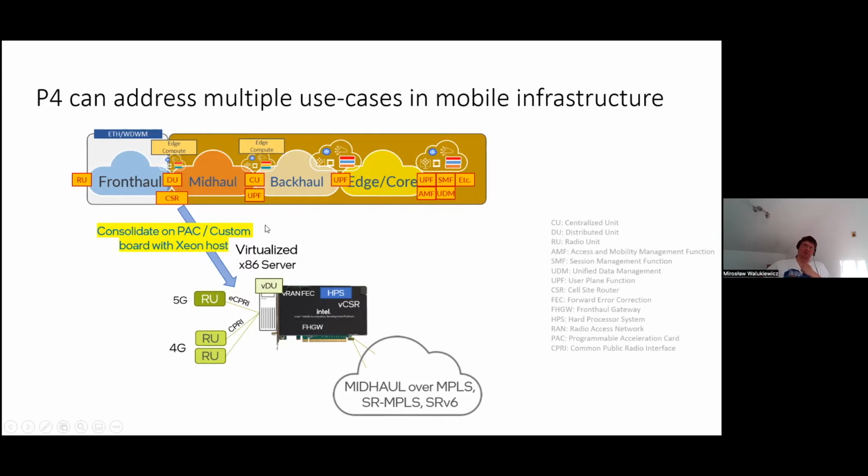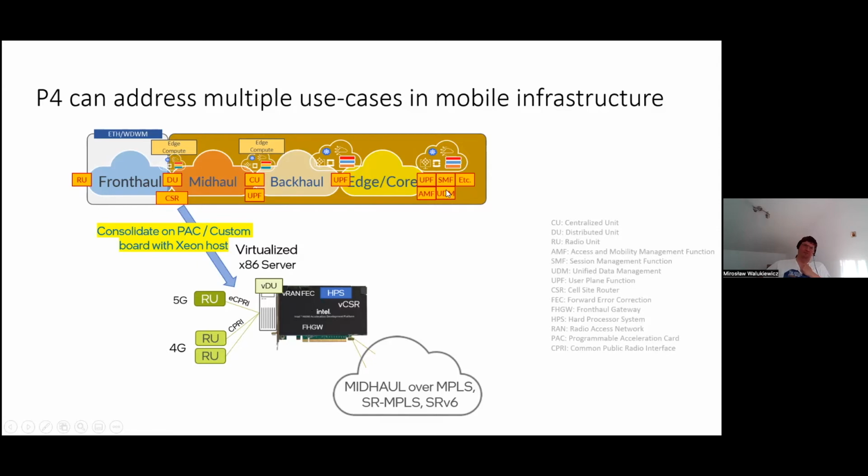Of course, you can imagine other P4 implementations, for example a UPF, the central unit, all the network functions, and mobile functions for the 5G management, like the AMF, SMF, or UDM.